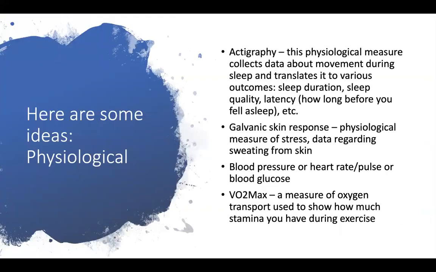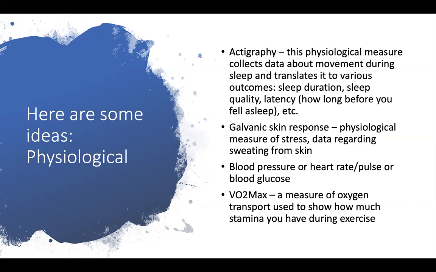Here are some physiological ideas that would help you measure some things with physiological measures. So you could use these things for a number of different purposes, but these are all physiologically based measures. The first one is called actigraphy. Actigraphy is a really cool device. You can wear it kind of like a watch, and you wear it to bed, and it will measure movement.